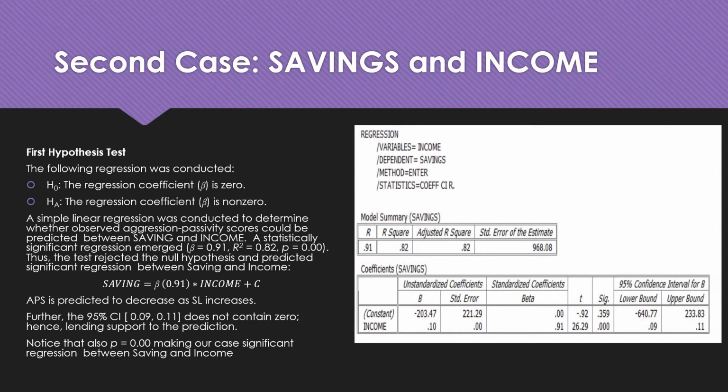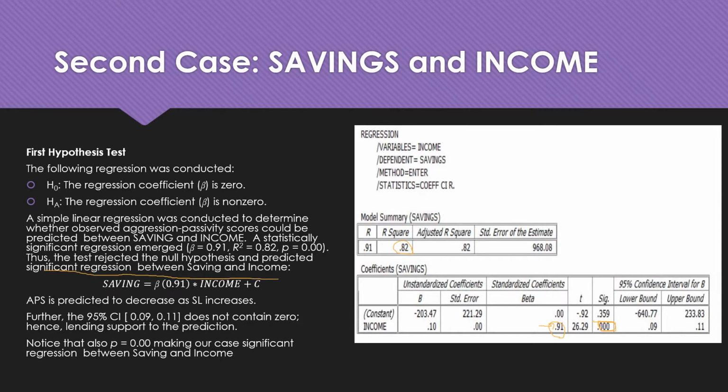The second case we have is between saving and income. Again, the R square is equal to 0.82. The p-value is equal to 0.91, which is almost equal to 1. And here we have the p-value equal to 0. This means that we have a significant regression between saving and income.